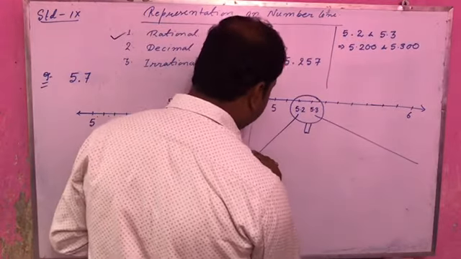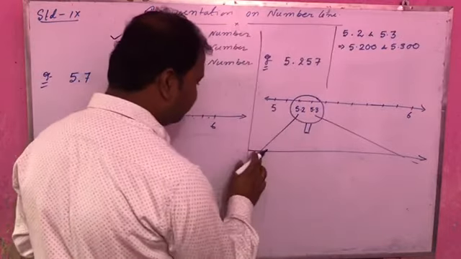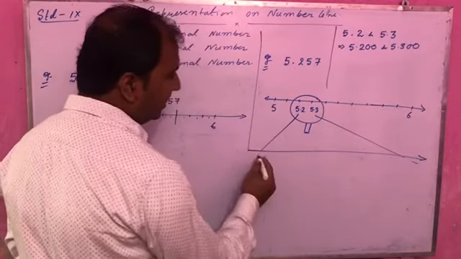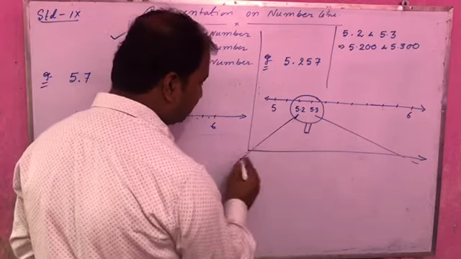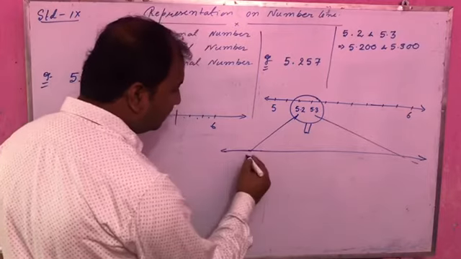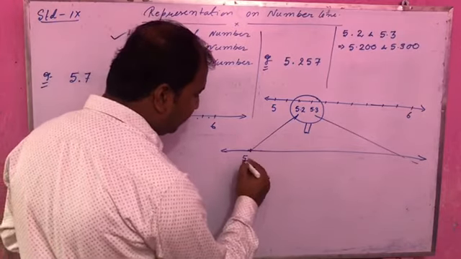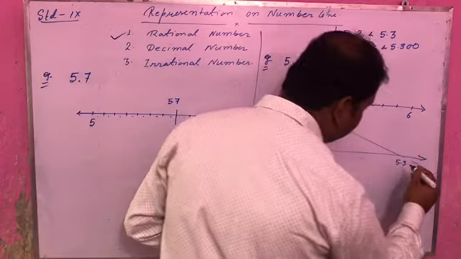On that moment this will be 5.2 and this will be 5.3.